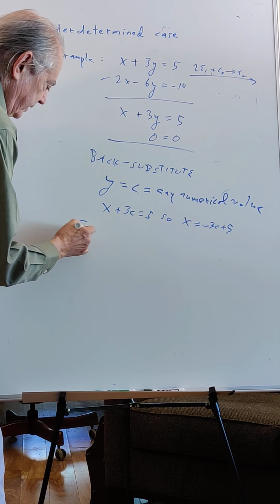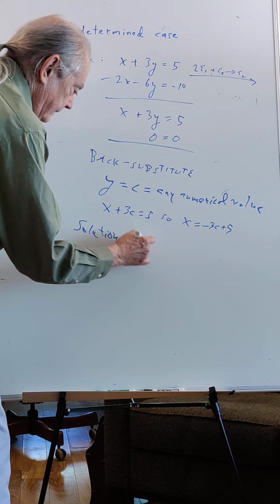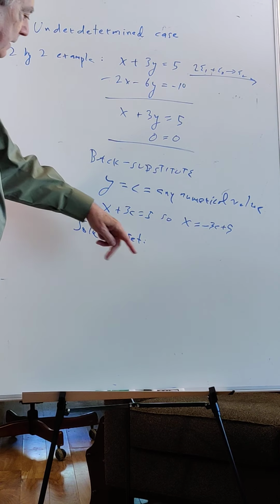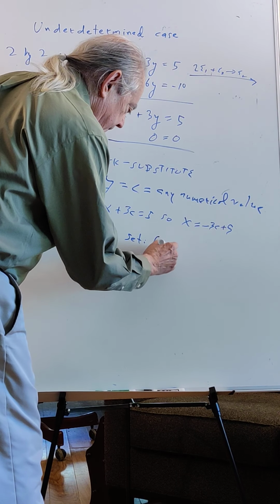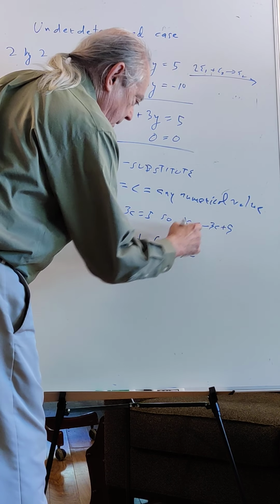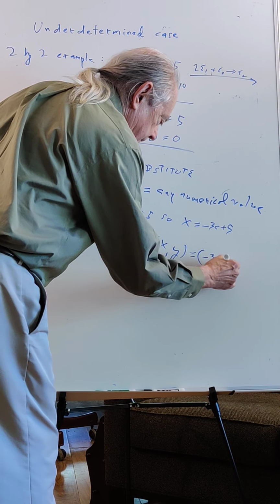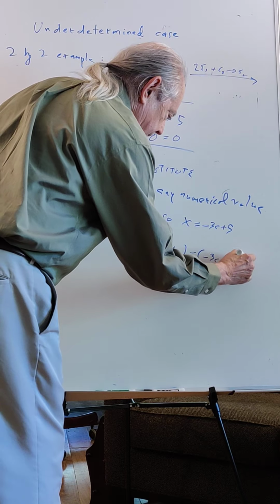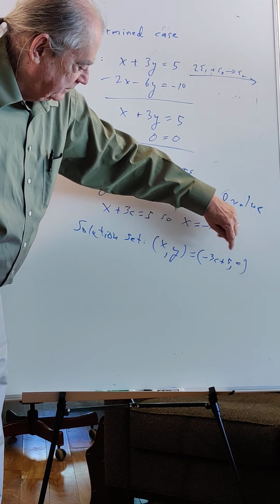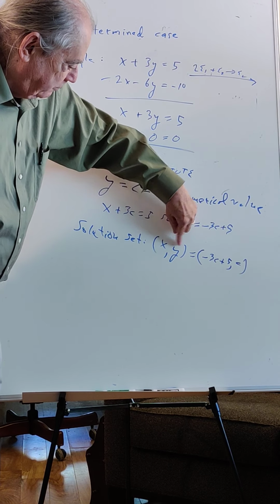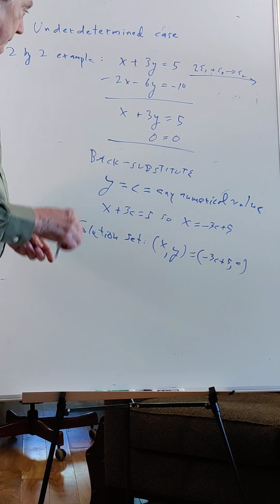So the solution set is x has this form and y has this form. So x, y equals minus 3c plus 5, c. We can give c any value, that's the value of y, and that value then determines the value of x.